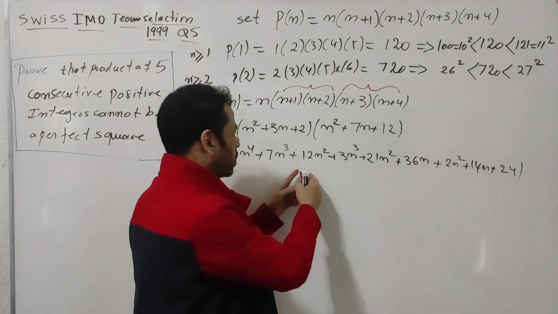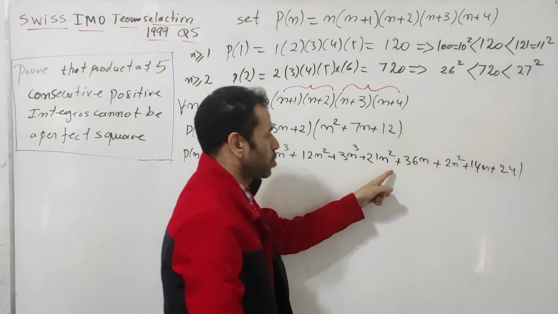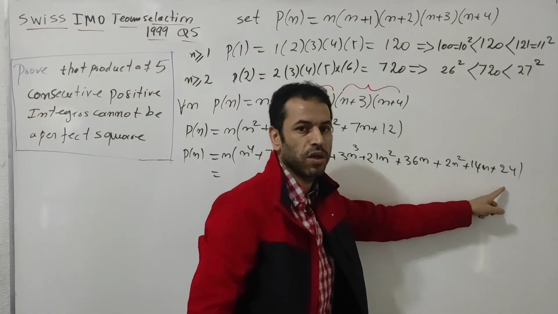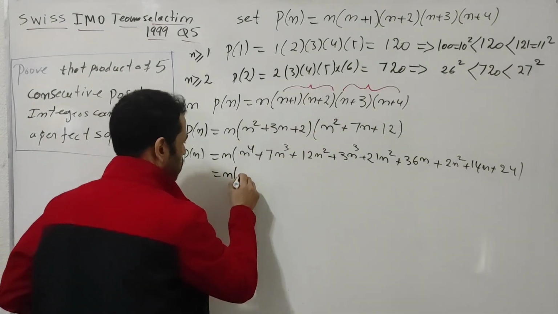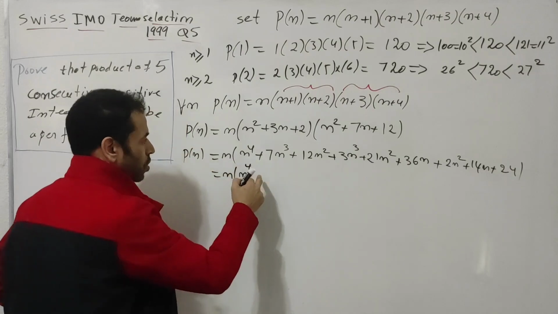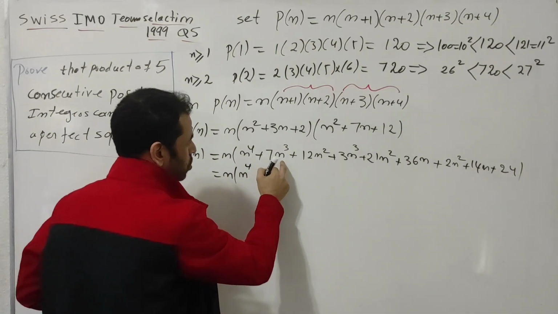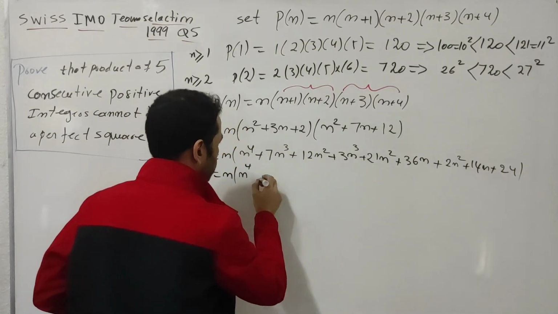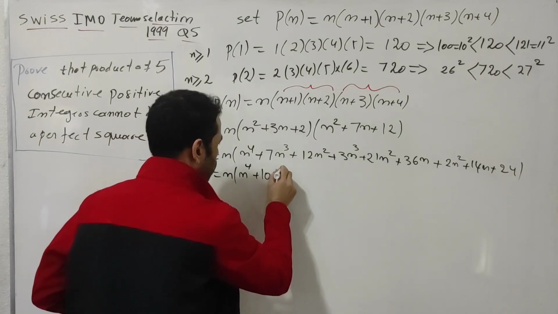Now I'm going to collect the n cubed terms, n squared terms, and n terms. We have n to the 4th, plus 7n cubed plus 3n cubed, which is 10n cubed.